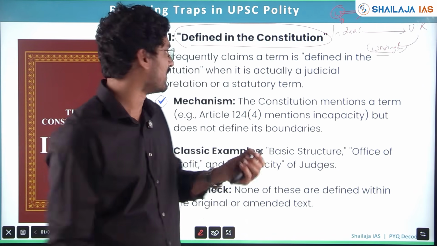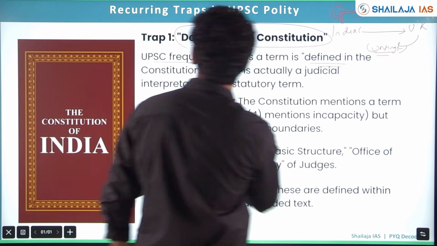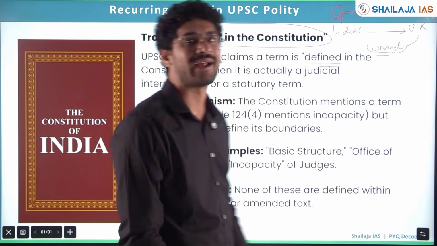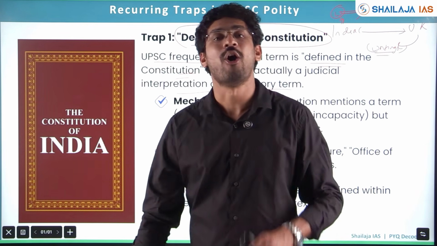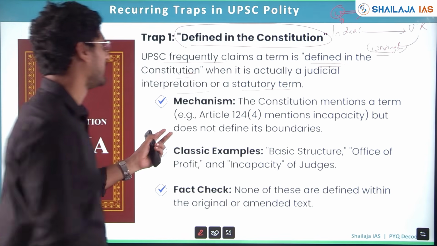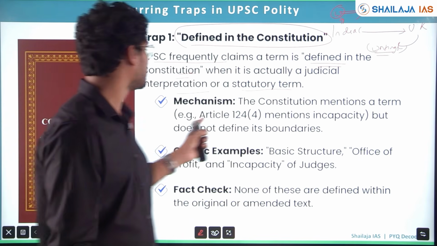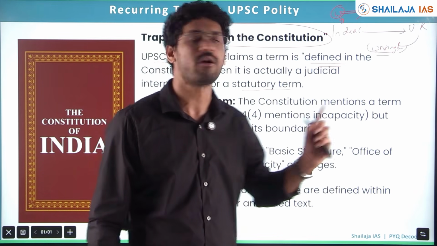UPSC frequently claims a term is defined in the Constitution when it is actually a judicial interpretation, a statutory term, or defined in subsequent acts. For example, Article 124 mentions incapacity in the removal of judges.